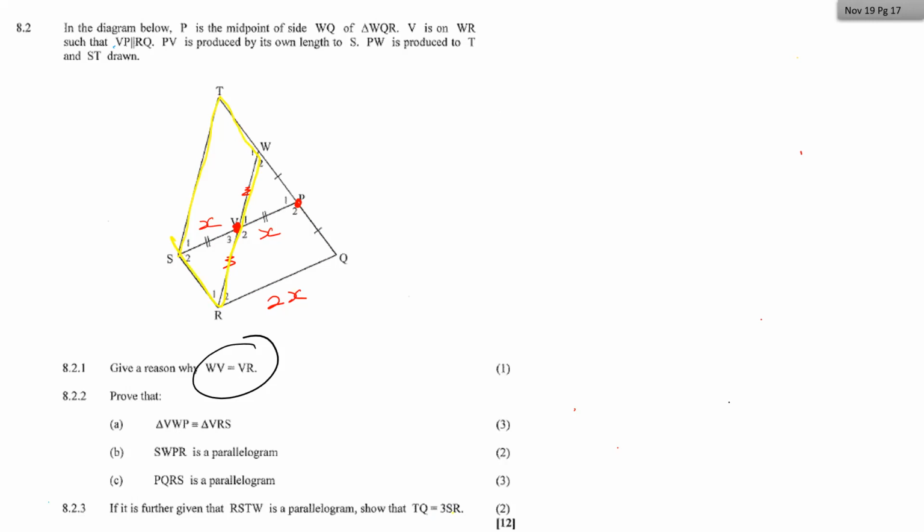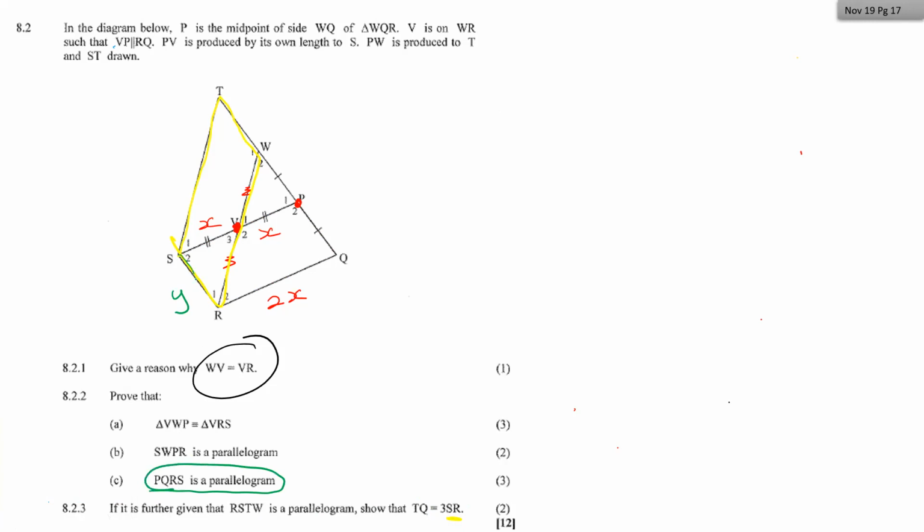So TQ is equal to 3SR. Start with the small side. The small side is SR. So let's call SR to be X and see what happens. Okay, we already used X, we need to use another letter. Let's say SR is Y. So if SR is Y, earlier on we actually proved that PQRS is a parallelogram.